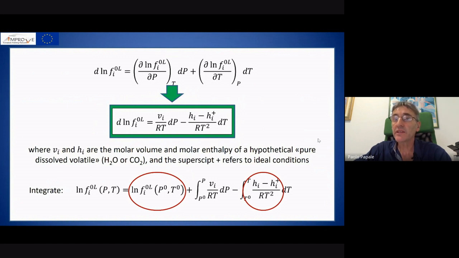That is, in fact, the essence of any thermodynamic computation. Given a relationship between pressure, temperature, and volume, an equation of state, we can express any other thermodynamic quantity. Let's see how enthalpy can be replaced by volume.